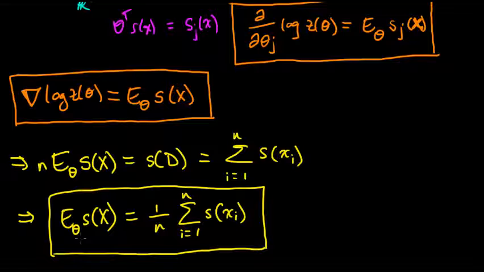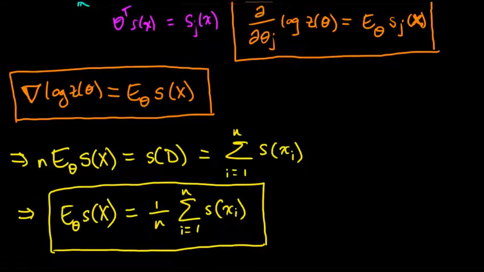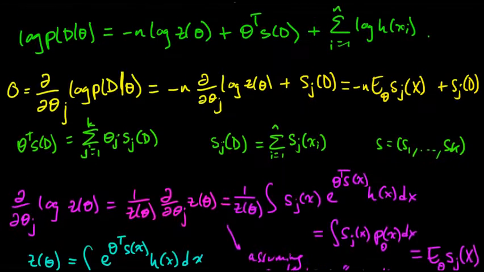Let's go back up here and remind ourselves where that came from. We wanted to find the maximum of this, so we did the usual calculus thing and we set its derivative equal to 0.